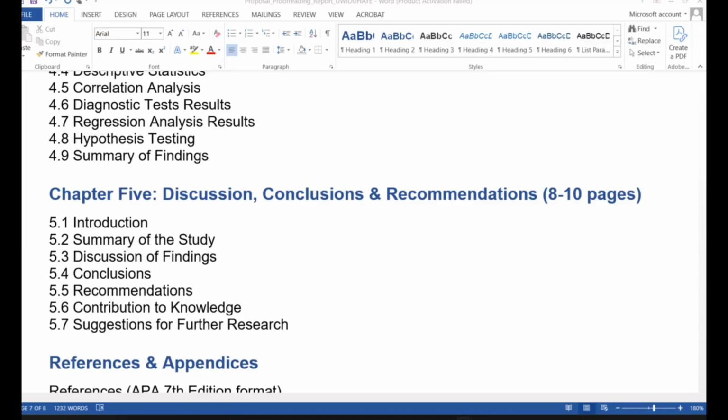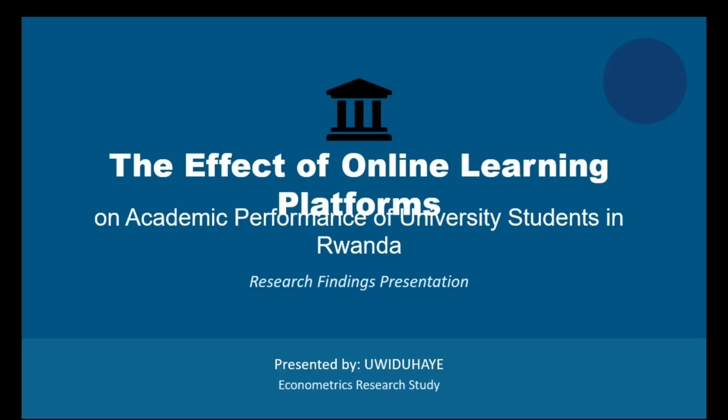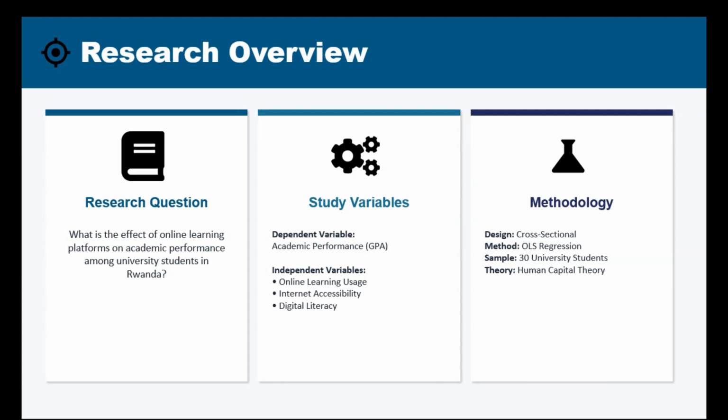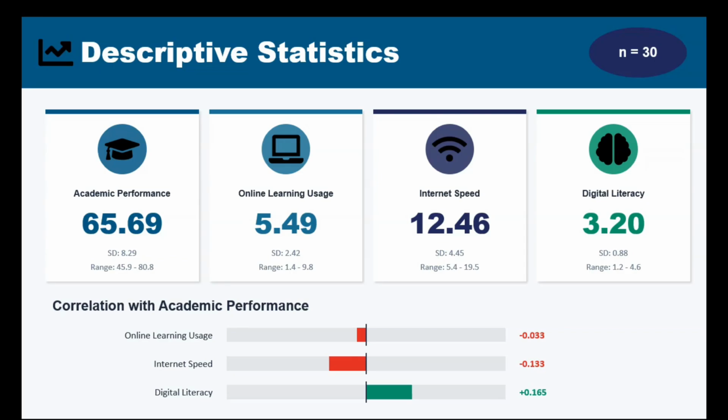Yes, PhD students, because they need to bring something impactful, which is policy analysis. Let us look at the presentation of her findings, the effect of the online platform. Overall, it will be the research, study variables and methodologies. Descriptive: from the data she provided to me, I was able to find the standard deviation.